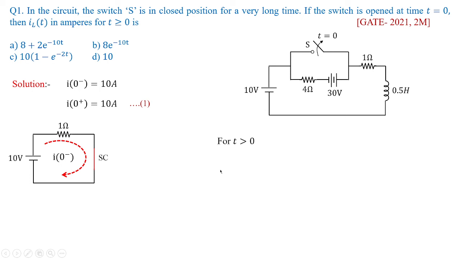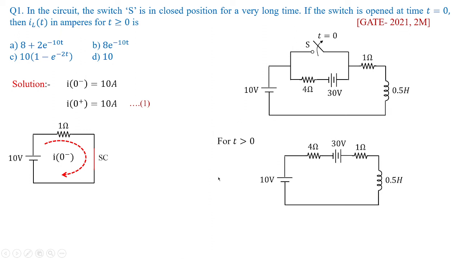For t greater than 0, this is how the circuit looks. Because the switch is open, this upper terminal will go off and 10 volts is connected in series with 4, in series with 30, in series with 1, and in series with the inductor. Now if the current has to flow in the circuit, I have to apply KVL to frame the equation. So I'll apply KVL to this closed loop.